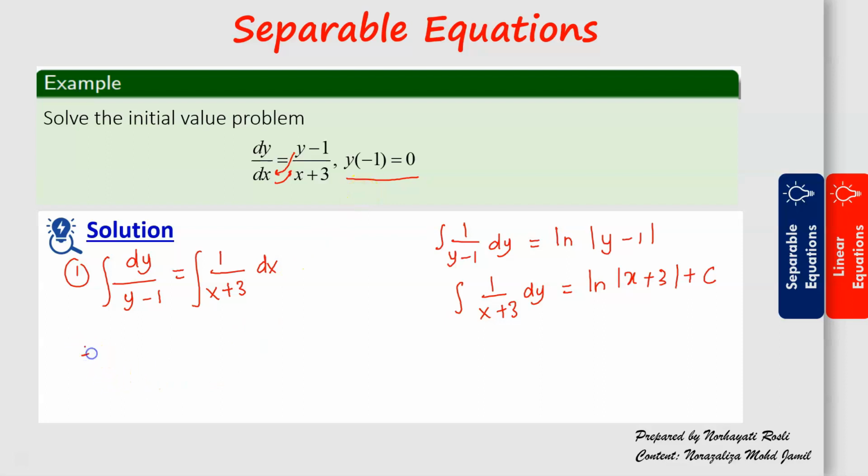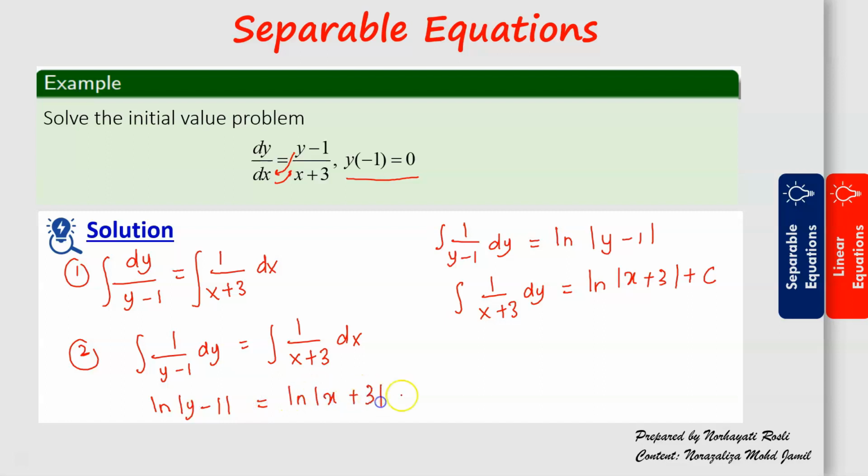So for step number 2, integrating 1 over (y minus 1) dy, which is equal to the integration of 1 over (x plus 3) dx, we get ln(y minus 1) equal to ln(x plus 3) plus c. And then class, remember, you cannot leave your answer like this, you have to write y as the subject. How to write y as the subject?